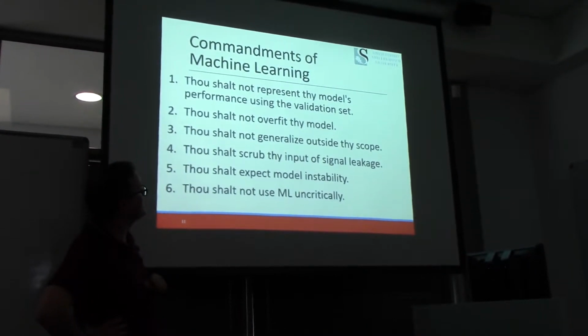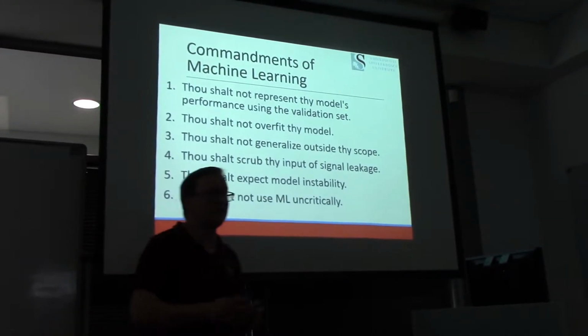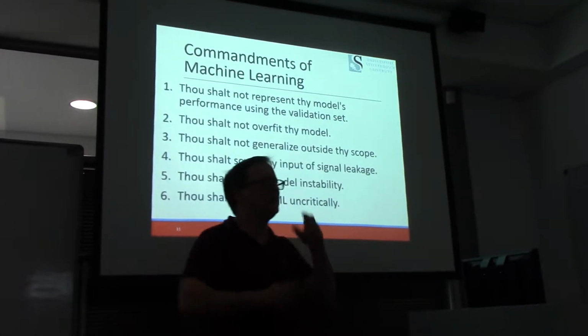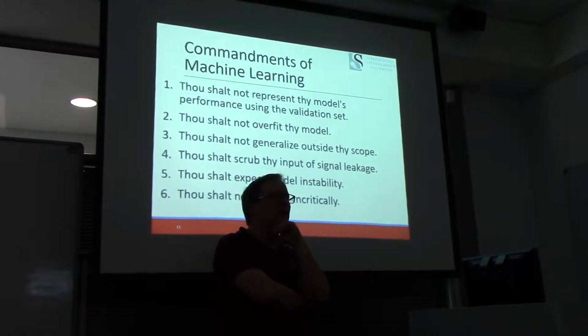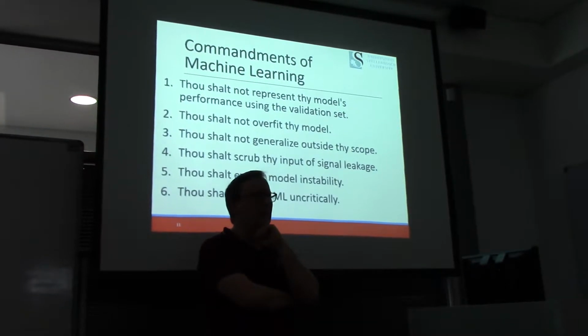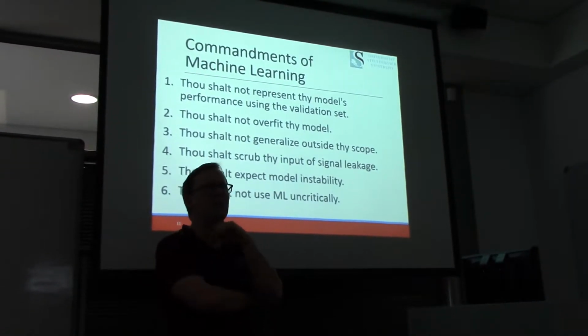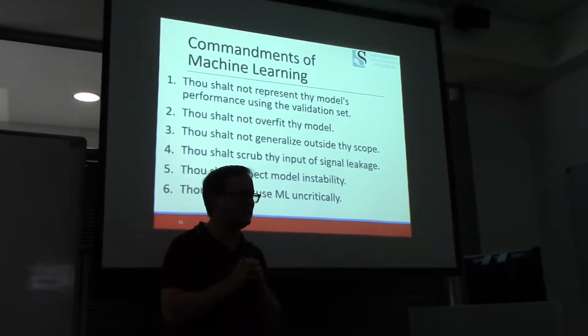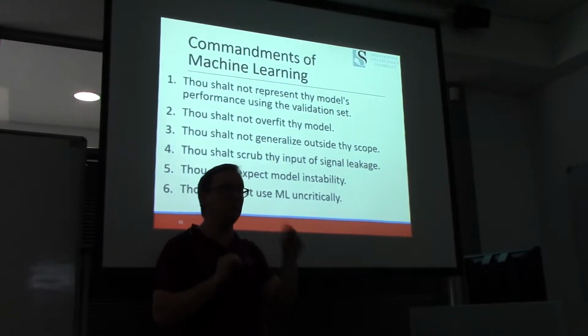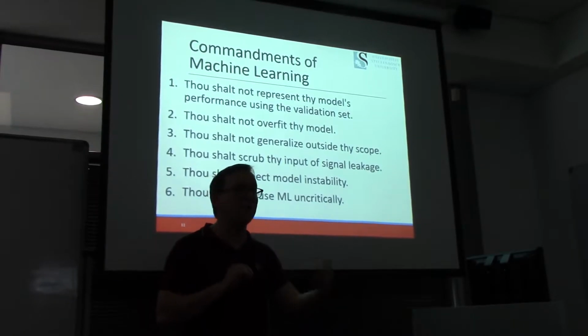Next. Thou shalt not generalize outside thy scope. Now that might seem a little odd, but look, what if I create a signature that helps me decide, let's say, household contacts? We use the term household contacts a lot in TB to describe the people who live in the same home as somebody who has TB.